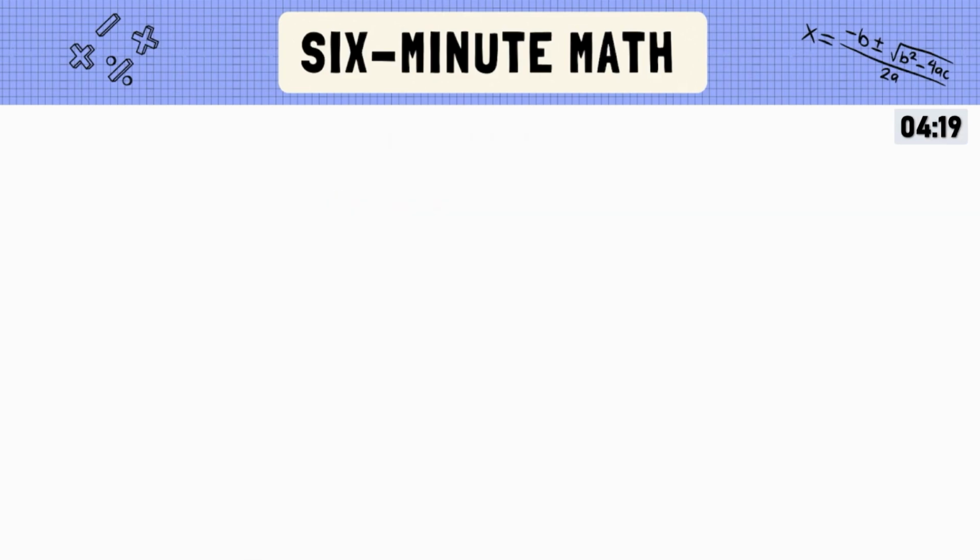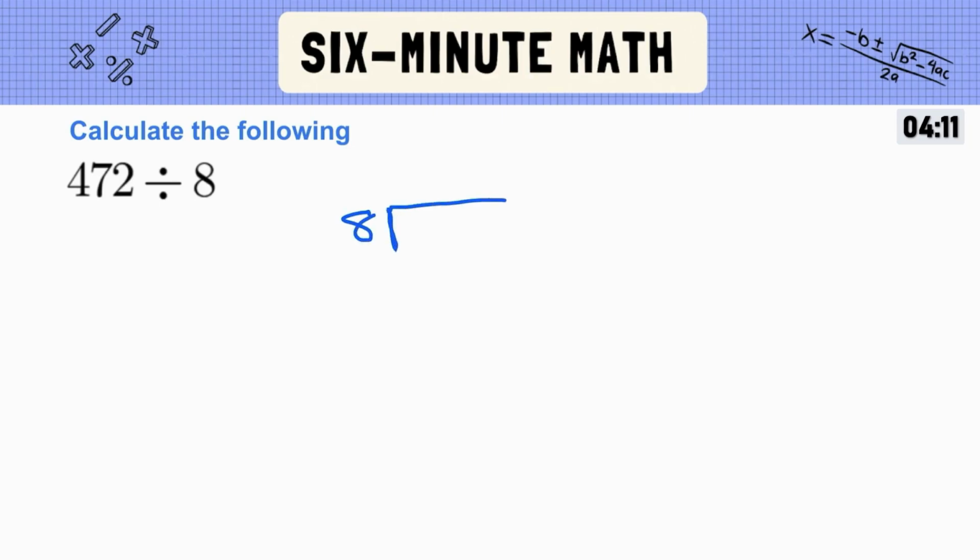Let's see some examples here. Let's check out 472 divided by 8. So we're going to set this up our same way. 472. And how many times does 8 go into 47? Well, it goes in 5 times. And then I multiply. 5 times 8 is 40.